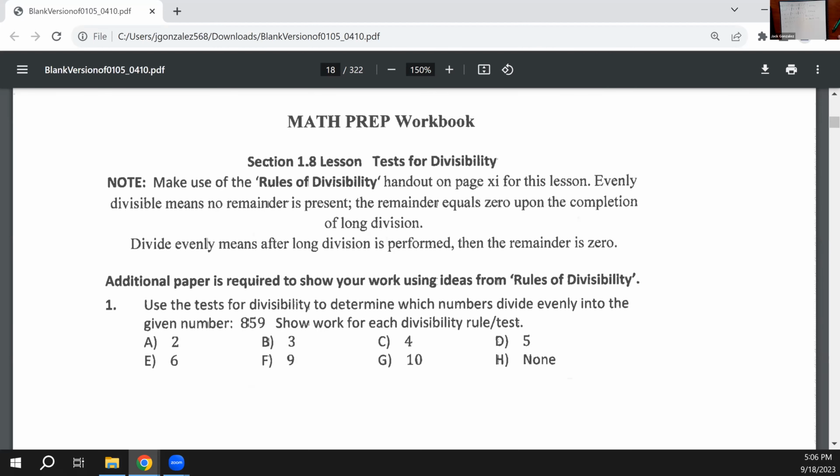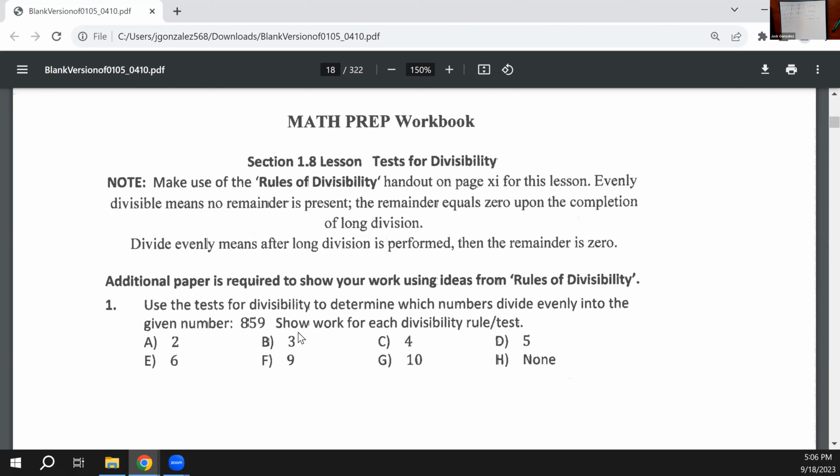Now 6. In order for 6 to work, you have to be able to divide by 2 and 3, and both 2 and 3 did not work, right? So that means 6 should not work. If 2 and 3 both work, then 6 works. But if one doesn't, you can't do 6.